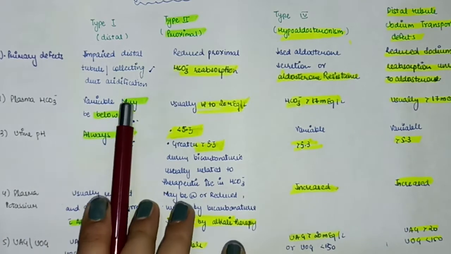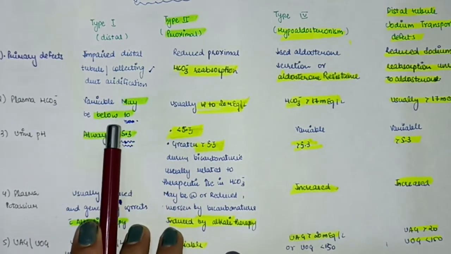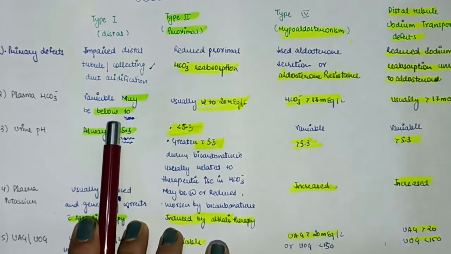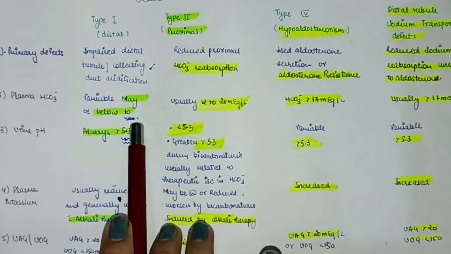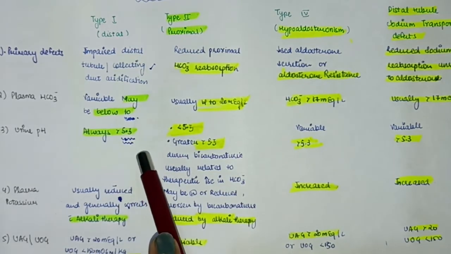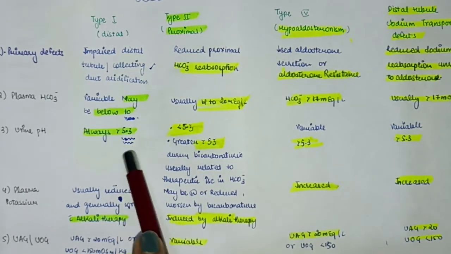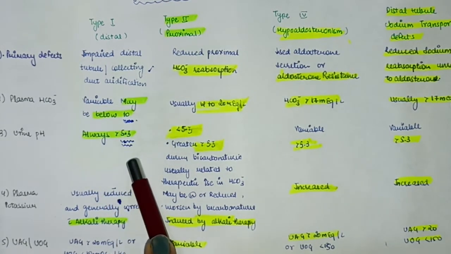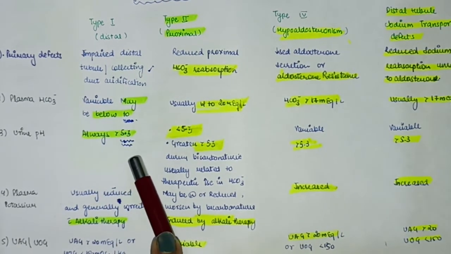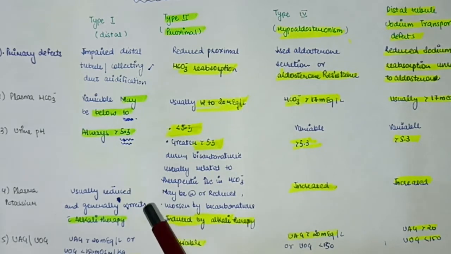The plasma bicarbonate is variable in type 1. It may be below 10, in order to neutralize the excess acid or excess hydrogen ions. Urinary pH is always more than 5.3 in case of type 1 RTA, which is very helpful in differentiating it from type 2 RTA. Plasma potassium is reduced.